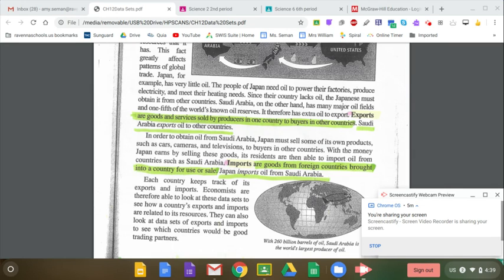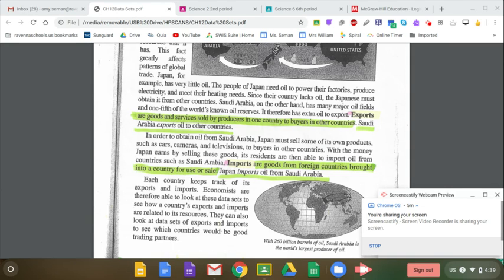With the money Japan earns by selling these goods, its residents then are able to import oil from countries such as Saudi Arabia. Imports, again, another term, imports are goods from foreign countries brought into a country for sale or use. Japan imports oil from Saudi Arabia.